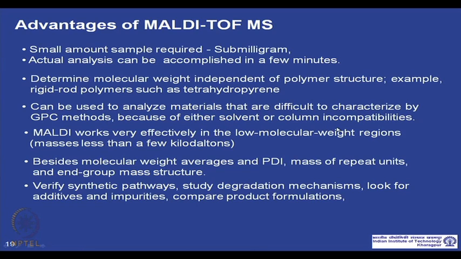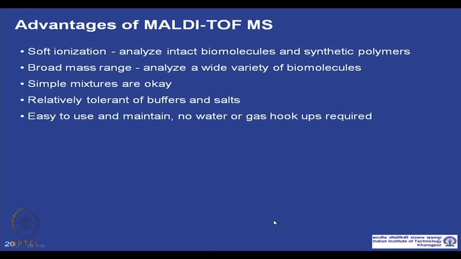MALDI also works very efficiently for low molecular weight regions where GPC does not work. Besides molecular weight averages and the dispersity index, the repeat unit mass and end group mass can also be obtained.